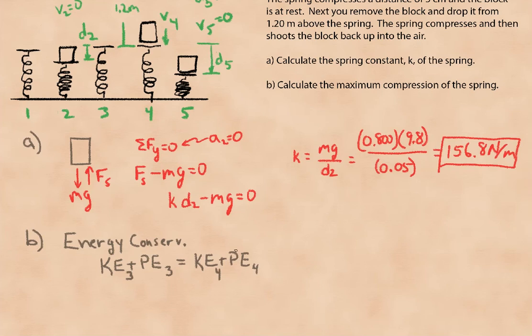And I guess the problem didn't ask me for the velocity, but let's go ahead and calculate V4. So in position 3, we have 0 kinetic energy because the block is not moving.